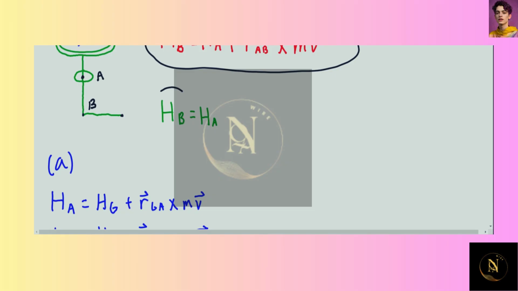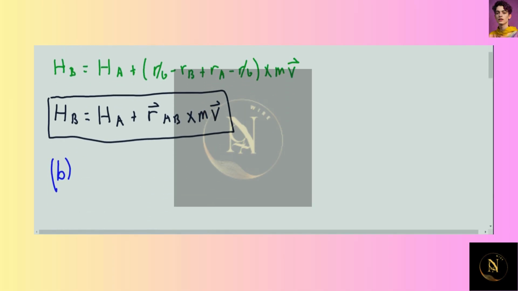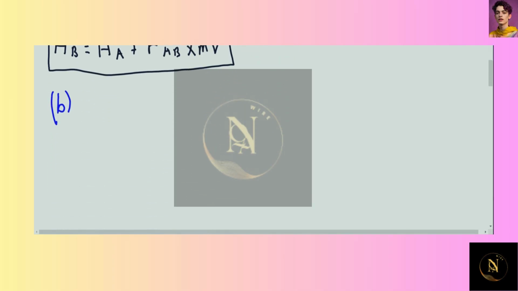So now to prove this equation here, in order for this to be true, this part of the equation, R of AB cross MV, has to be equal to 0. So we can say that R of AB cross MV is equal to 0.